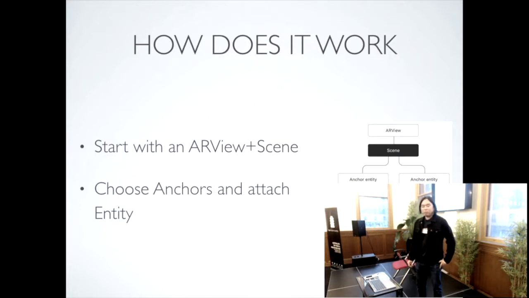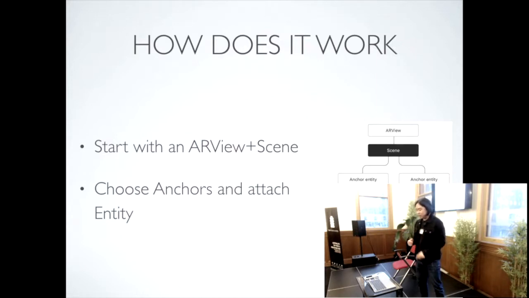So how does RealityKit work? We start with an ARView, which is a subclass of UIView. This is brand new in RealityKit, which is also iOS 13 only. An ARView has a scene associated with it, and includes all sorts of goodies for you, like the camera view and the AR detection.